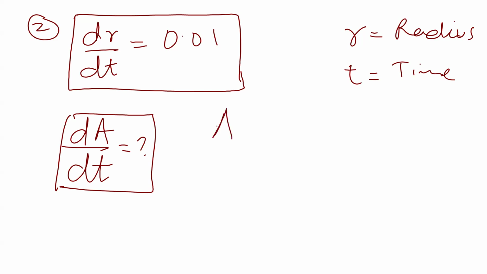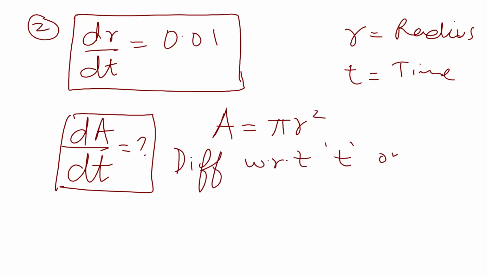Now A is equal to pi r square. All of you know this. So this is my starting point, area of a circle. Differentiating with respect to time on both sides. Now this time we are not differentiating with respect to x. X is not the variable. We are taking the variable as time.